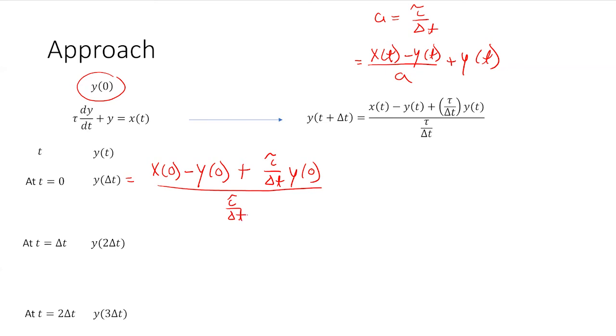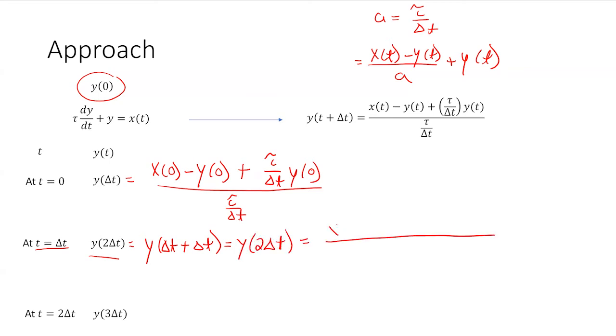Now, if I wanted to figure out what y of 2 delta t is, in other words, at the second time step, right? When would I compute that, first of all? At what time would I compute the value at 2 delta t? At the first time step, basically, at 1 times delta t, right? So I would plug in t equal to delta t, and I would say y of delta t plus delta t, or y of 2 delta t, right, is equal to what?